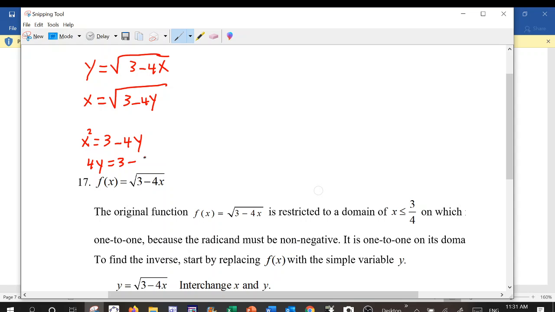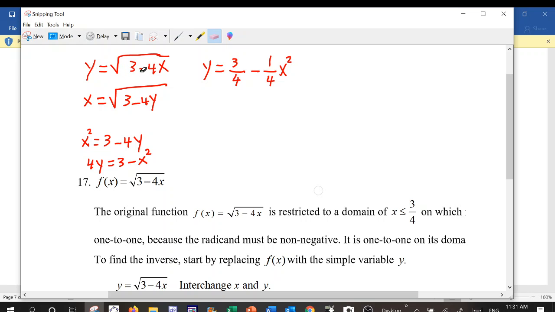And move the x to the other side, x squared. And then divide by 4. So we get 3/4, right? Minus 1/4 x squared, right? Now, this is the inverse, but we have to decide on what the domain of this is.